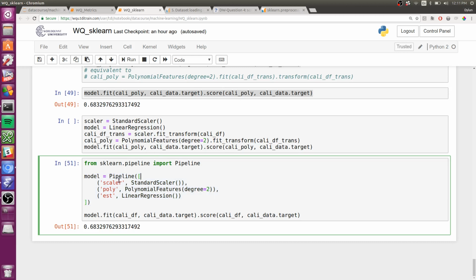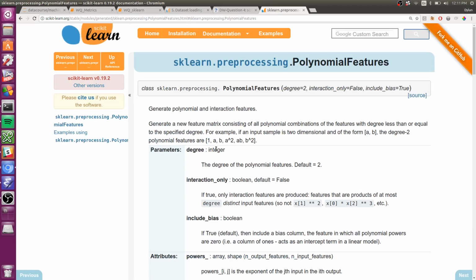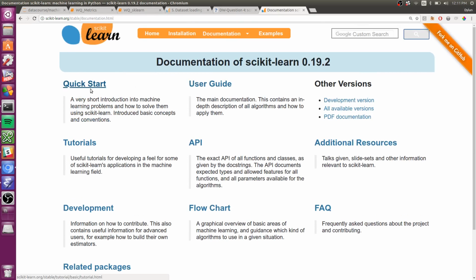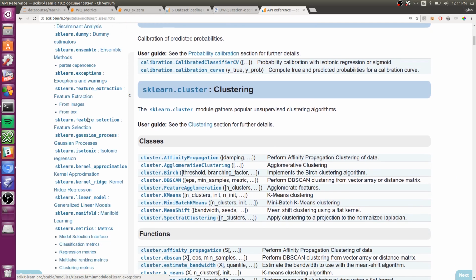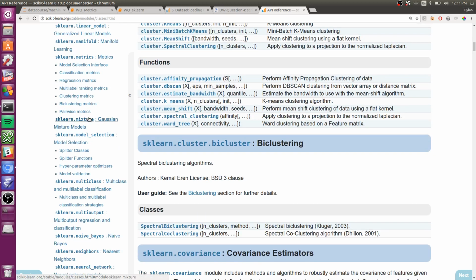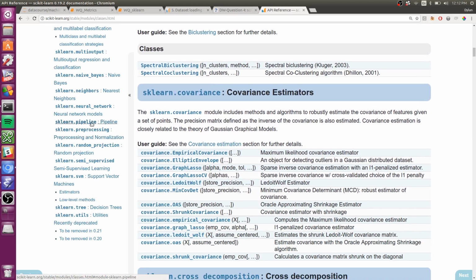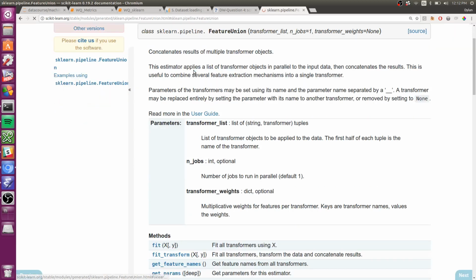One thing I want to highlight is that these transformations are serial, meaning they happen one after another. There's also the possibility of doing parallel transformations or parallel processing using what's called a feature union, which I'm not going to explain now, but I will explain in a future lecture.